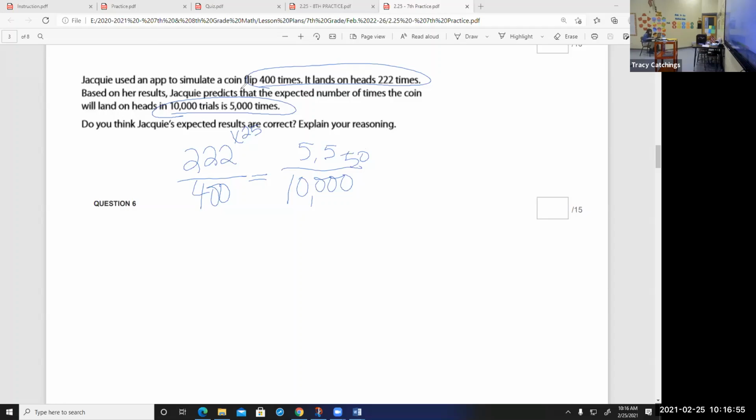Yes, she estimated it. So we can say yes, Jackie is correct, because 222 is about half of 400, and 5,000 is half of 10,000. She estimated.